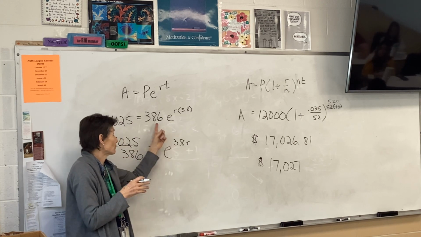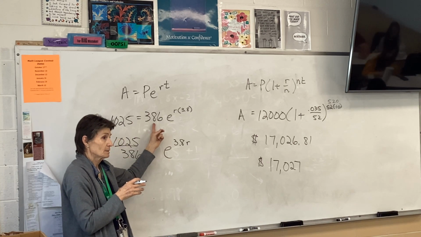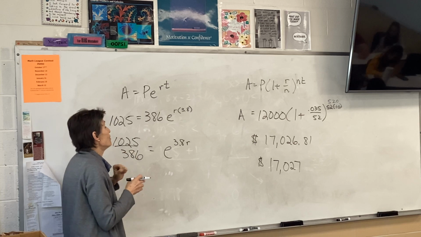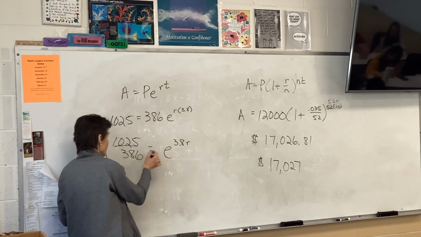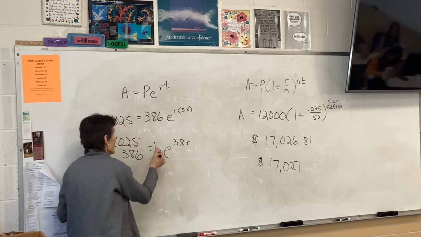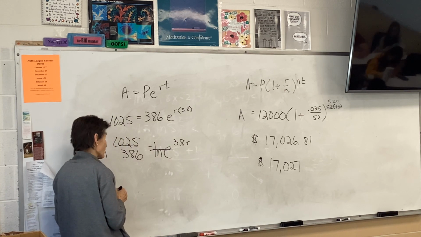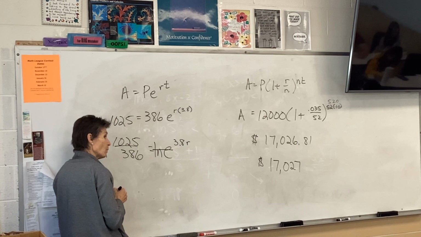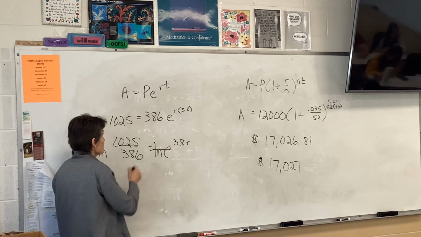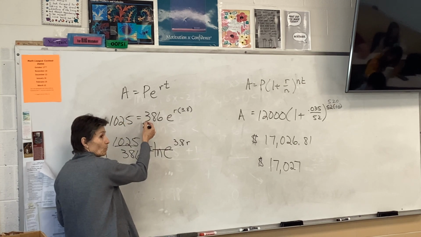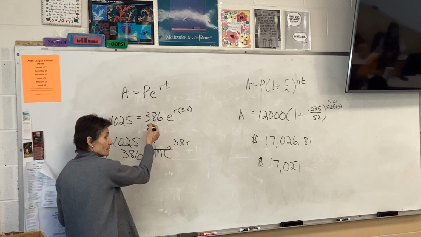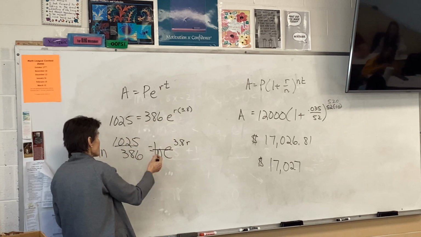You've got to get rid of this extra number first. Then you can ln both sides, and that will go away. Remember, ln and e don't go away unless they're touching. So if you ln'd in this step, would it go away? No, you'd have a big old mess to deal with. So divide first, then ln.